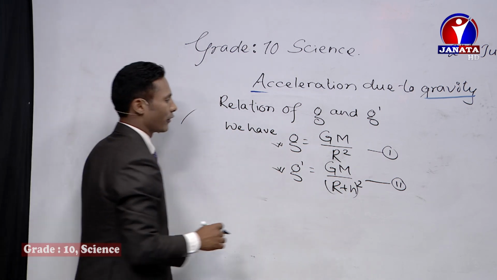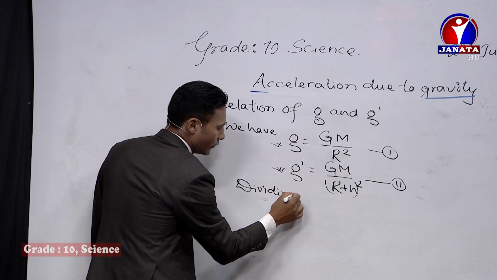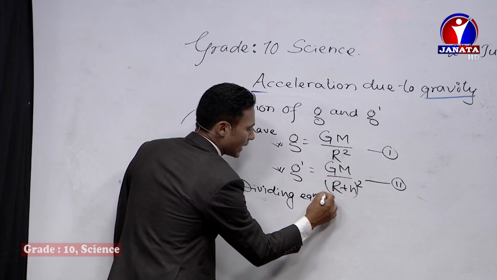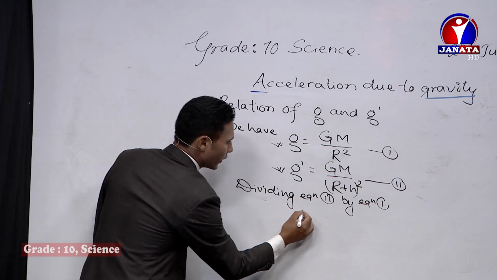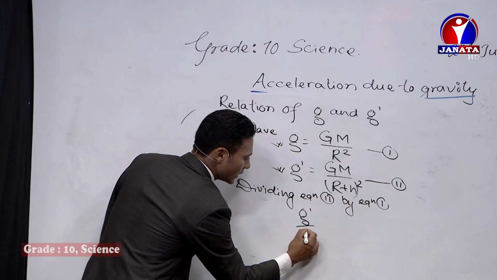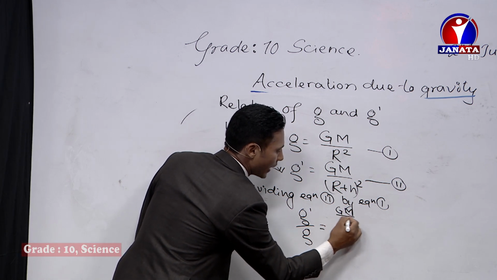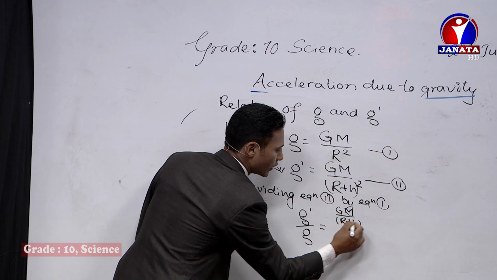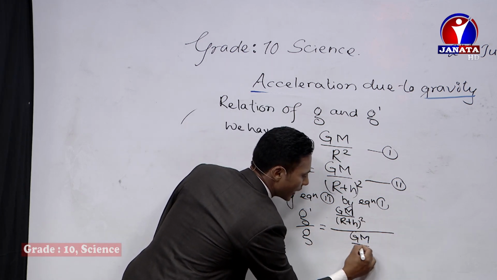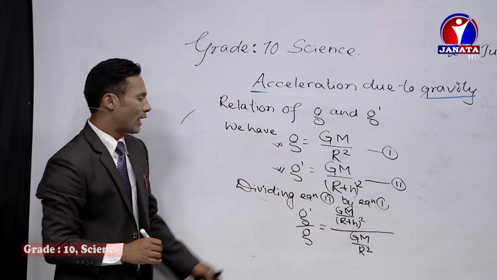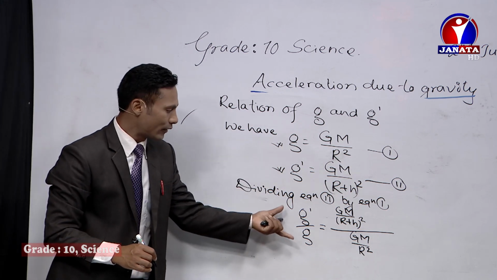Dividing equation second by equation 1, we get g dash by g equals GM by r plus h to the whole square, whole divided by GM by r square. I have divided equation second by equation first, so we will get this.